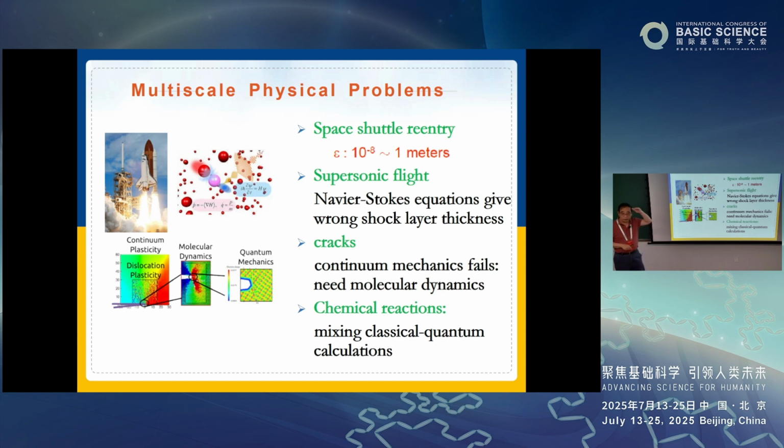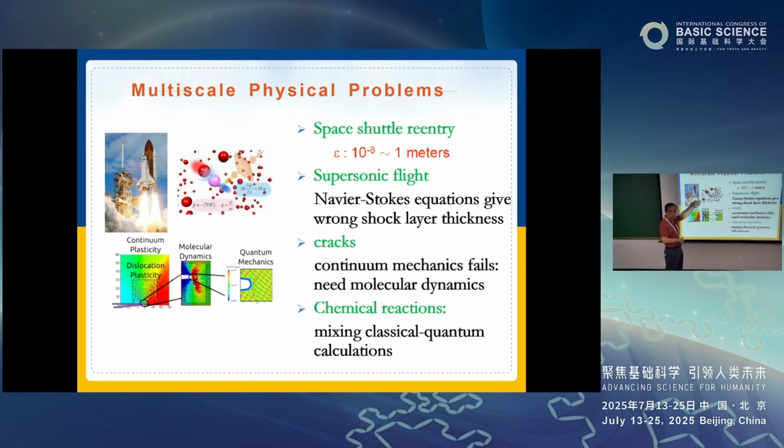But for the space shuttle traveling at hundreds of kilometers, the mean free path can be on the order of meters. So that's very rarefied gas, and the fluid dynamics does not work at high altitude. So there you have to solve a multi-scale problem.